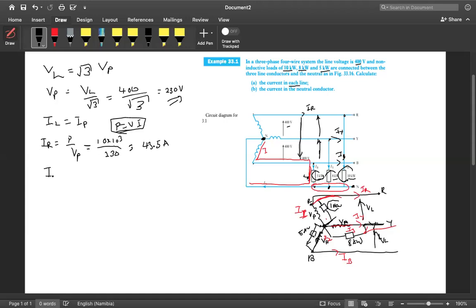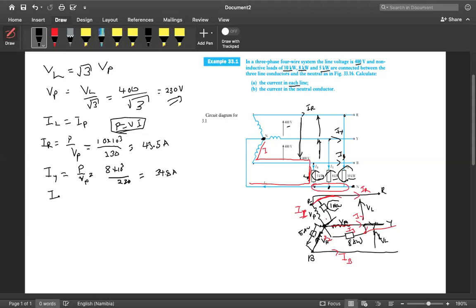You can also calculate IY. It's the power in that line over the phase voltage, and the power in IY is 8 kilowatts divided by 230, and that gives us 34.8 amps.